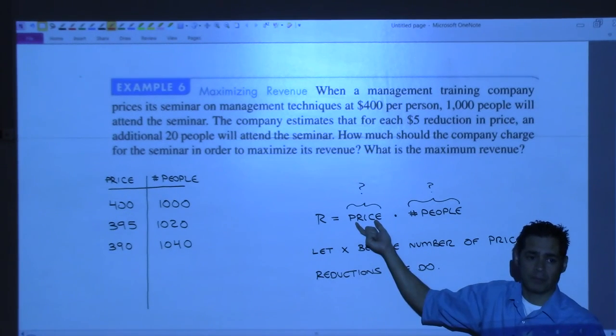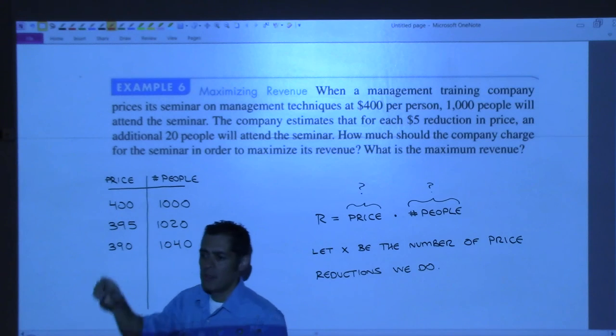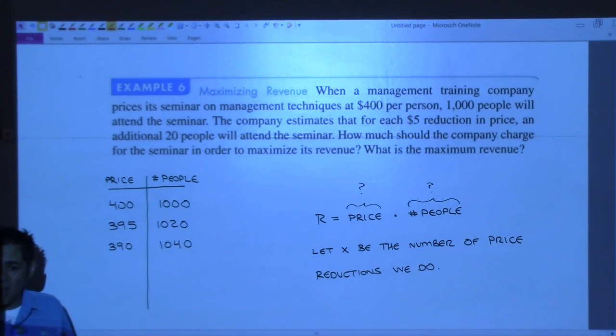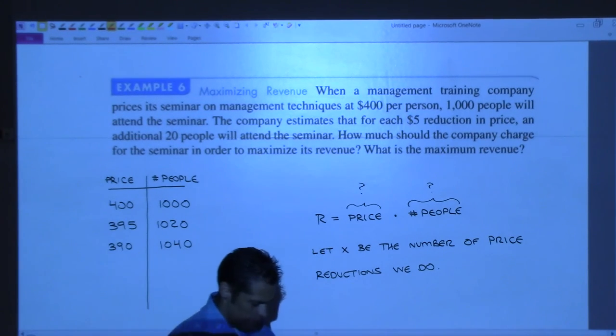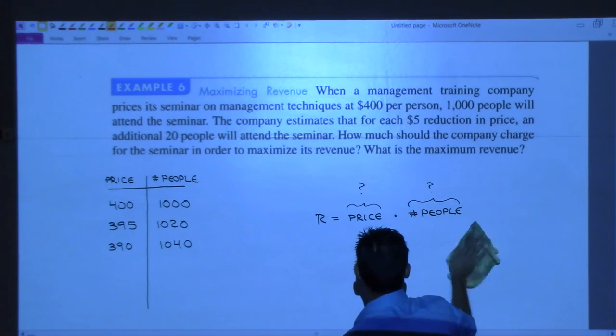What is it? Minus 5x. Okay, so what's happening is our price should start at 400, but then we should subtract from that 5 times the number of reductions we have. Think through that. I'm going to erase this because I need the space. Do you all agree with this?